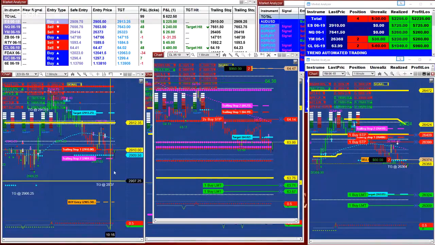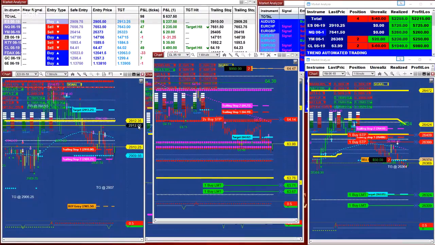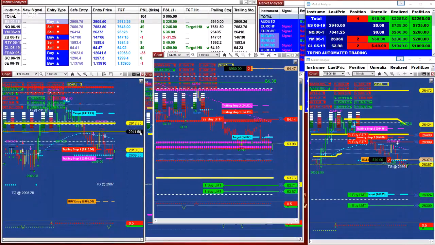We are one little bump away from having the new short trade on the ES. Hold on the ES, please.